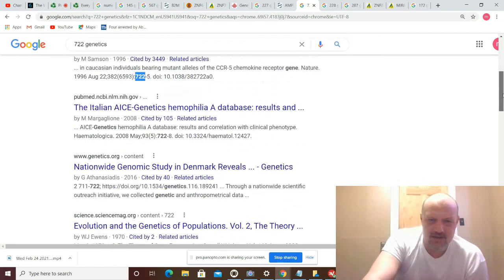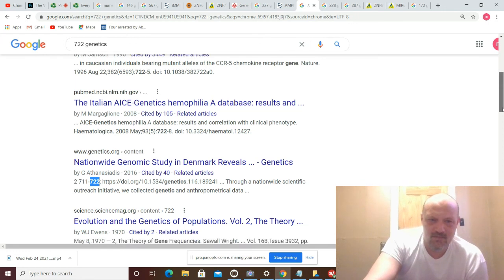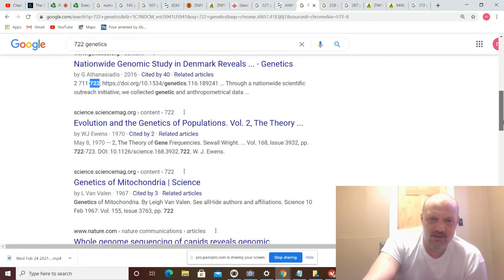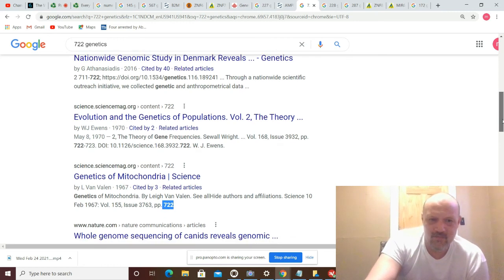So you got a few things. Nationwide genomic study in Denmark. And there's your 722. Evolution and Genetics of Populations, Volume 2. Here's your 722. Genetics of Mitochondria, 722 right there.